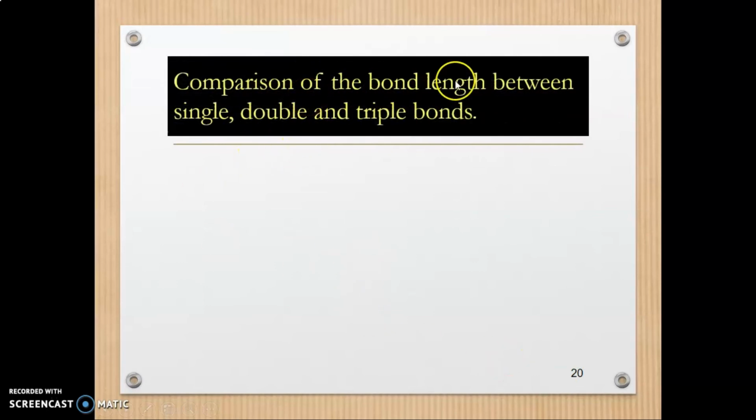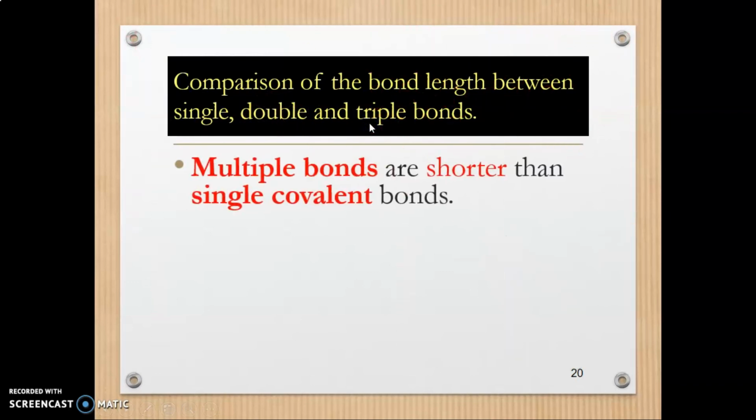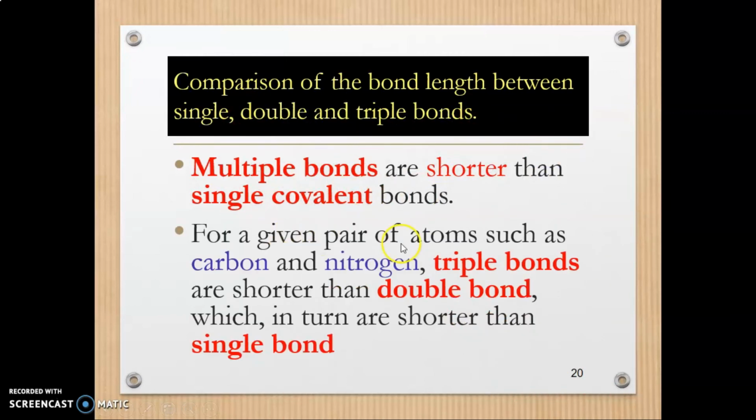Comparison of the bond length between single, double, and triple bond. Multiple bonds are shorter than single covalent bonds. For a given pair of atoms such as carbon and nitrogen, triple bonds are shorter than double bonds, which in turn are shorter than single bonds.